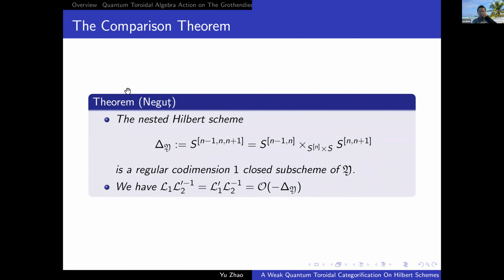And this is the regular codimension one closed subscheme of the quadruple moduli with Y. Moreover, we know that L1, L2 prime inverse equals L1 prime, L2 inverse, which is the Cartier divisor of this regular codimension one subscheme.